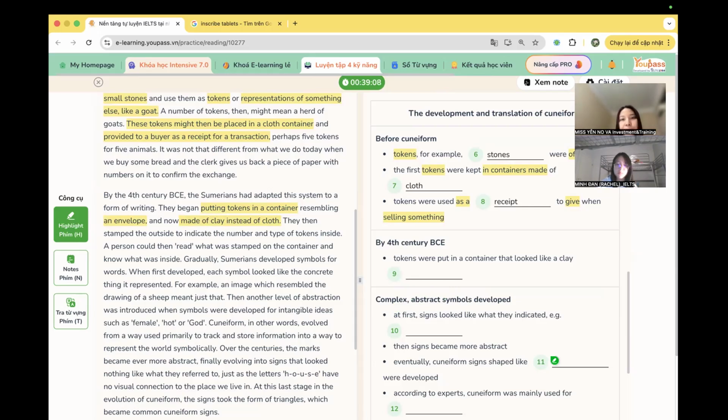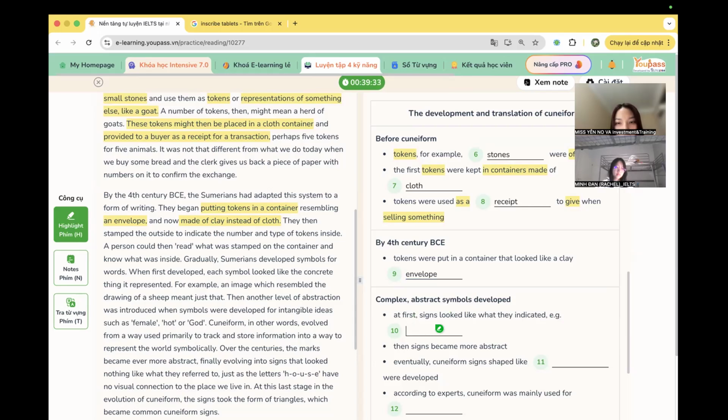Like an envelope or something? Yeah, envelope. You know envelope? Okay.